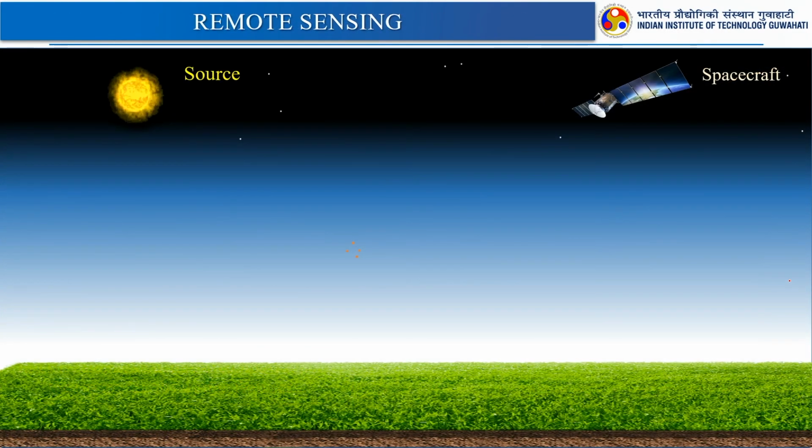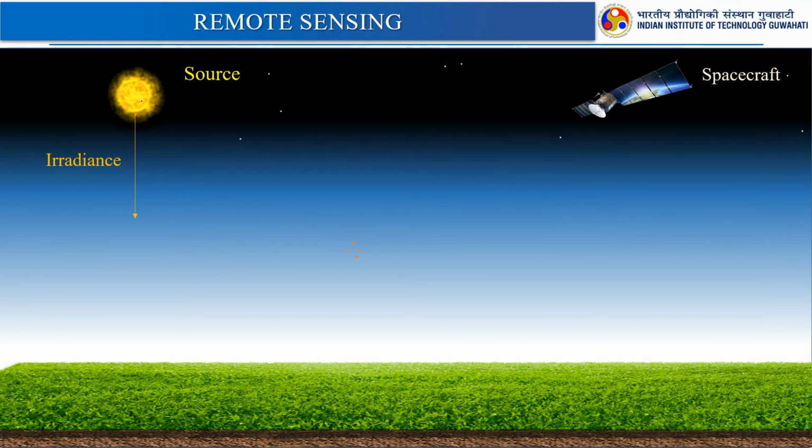In the previous slide I showed you that light is coming and falling on this particular surface, then getting reflected and captured by the sensor. But it is not very simple. Why? Because our atmosphere has so many constituents: gases, aerosols, dust particles, clouds, all playing a major role here.